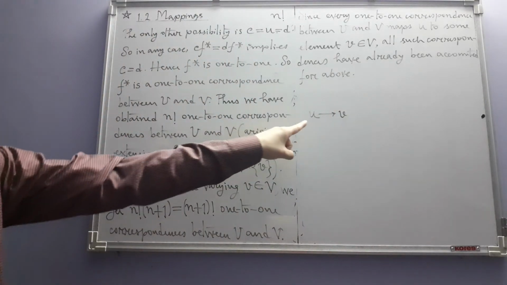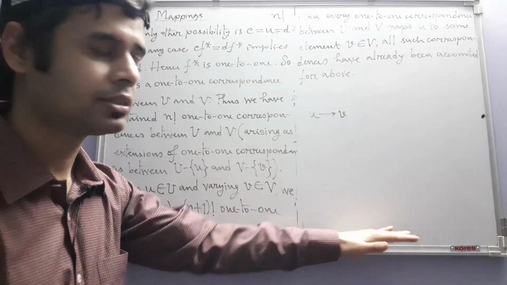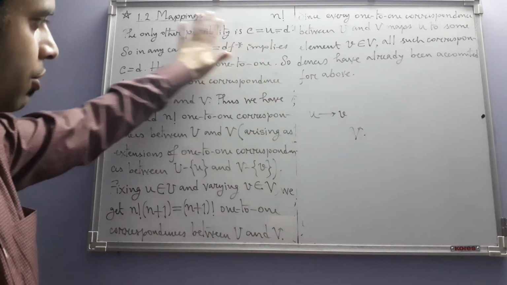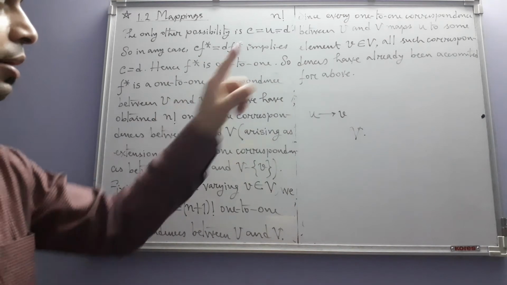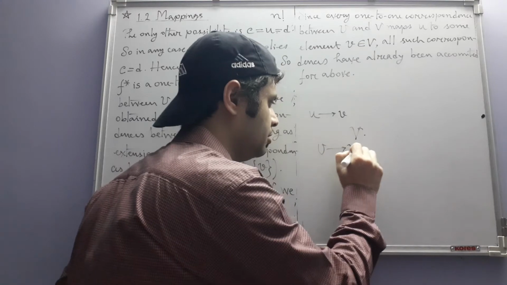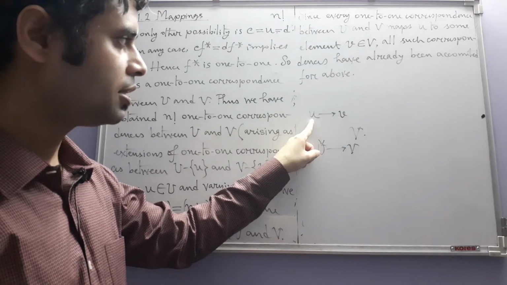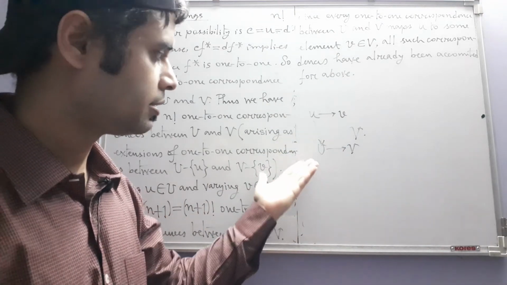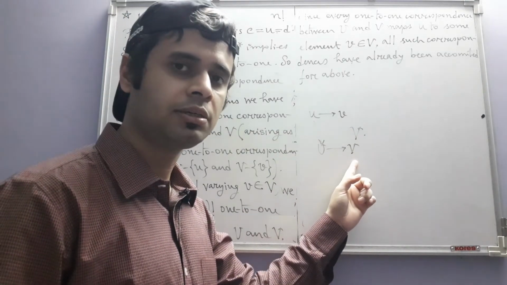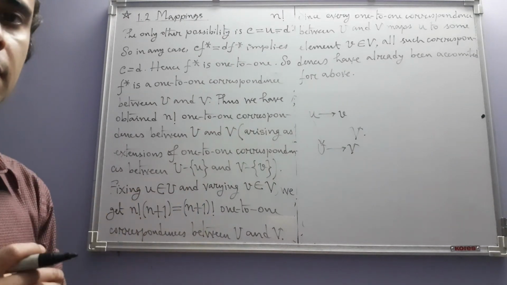Now keep in mind that we fixed u, but we varied v over the entire set V. Now if I, forgetting these things, arbitrarily choose a one-to-one correspondence from U to V, the element u after all is here in U. So this element will have some image under this correspondence. That image, since it is after all an element in V, has already been considered here.